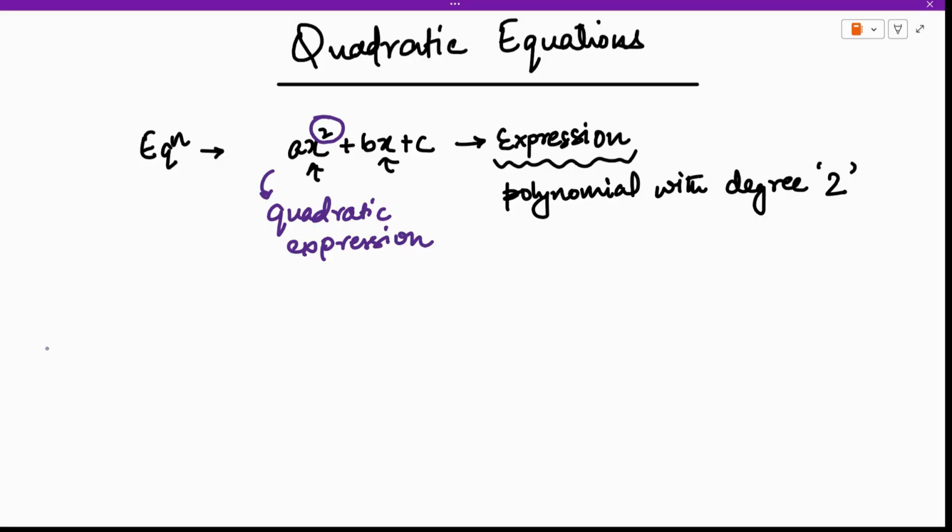Before this, we had a linear expression, which is ax plus b, where the highest degree or the highest power of x is 1.